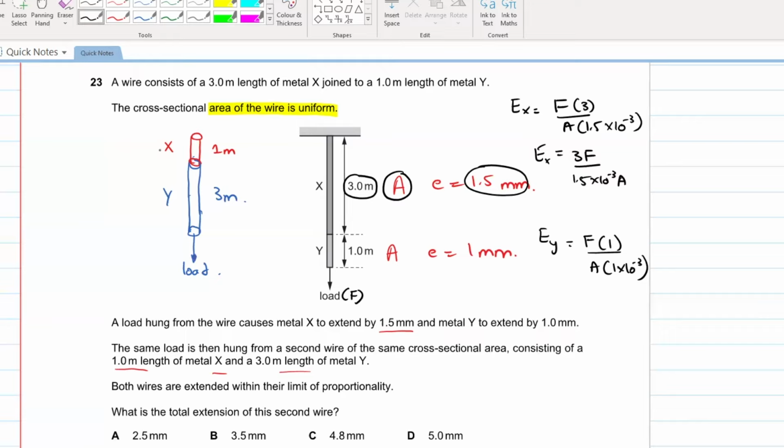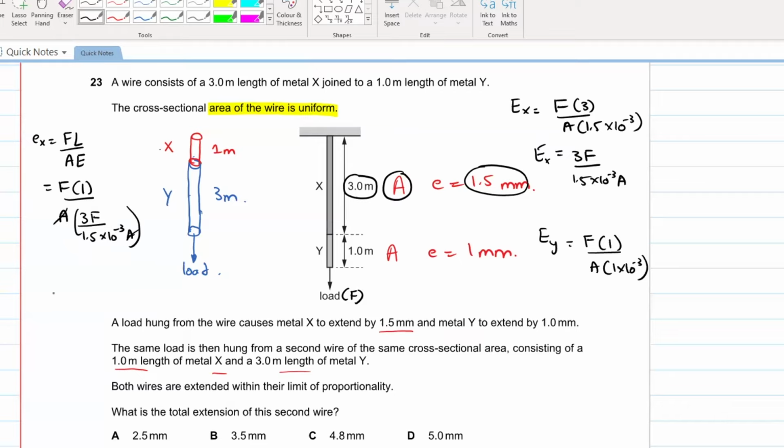Can you calculate the extension of X and Y if these are the lengths? Yes. Extension of X is equal to FL over A E. What is the force being applied here? F. What is the length? 1. What is the area? A. What is the Young's modulus of X? 3F over 1.5 into 10 raised to the power of minus 3 into area.